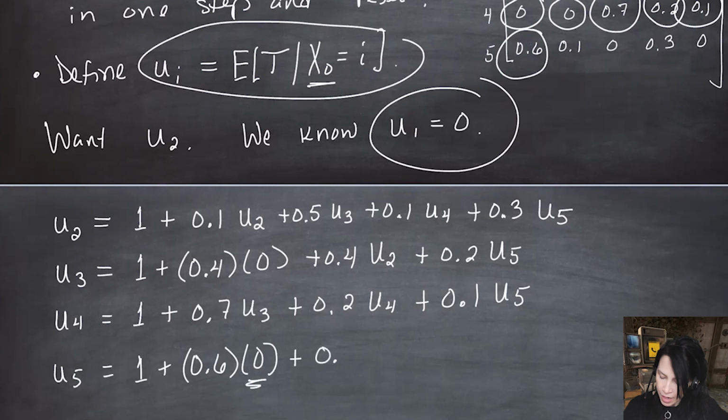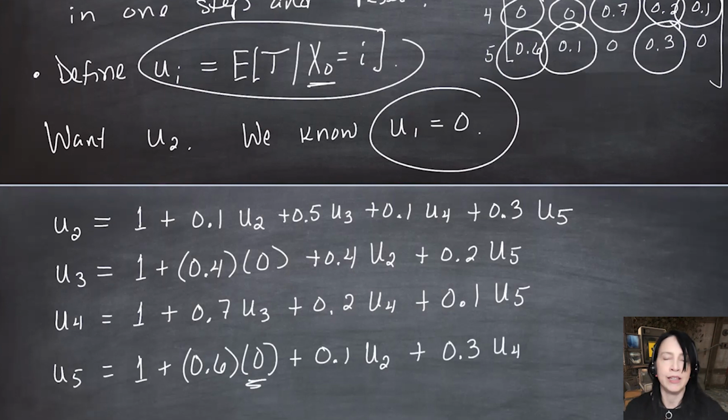With probability 0.1, I go from state 5 to state 2, and now I start counting from state 2, so I put a U2 there. And with probability 0.3, I go from state 5 to state 4, so I'm going to put a U4 right there. And we have a system of equations we need to solve in order to find U2.